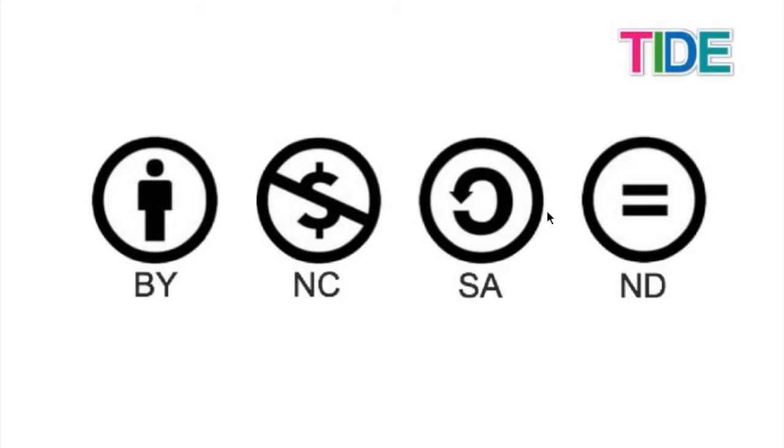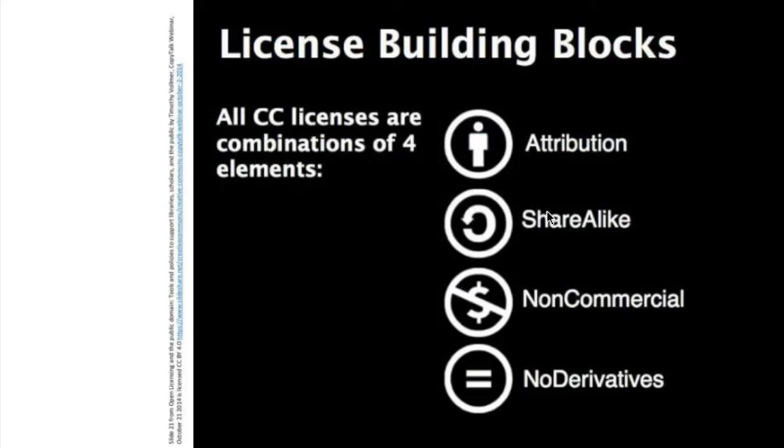So, moving on to the licenses themselves, there are 4 components of a Creative Commons license, and these 4 elements are as follows.